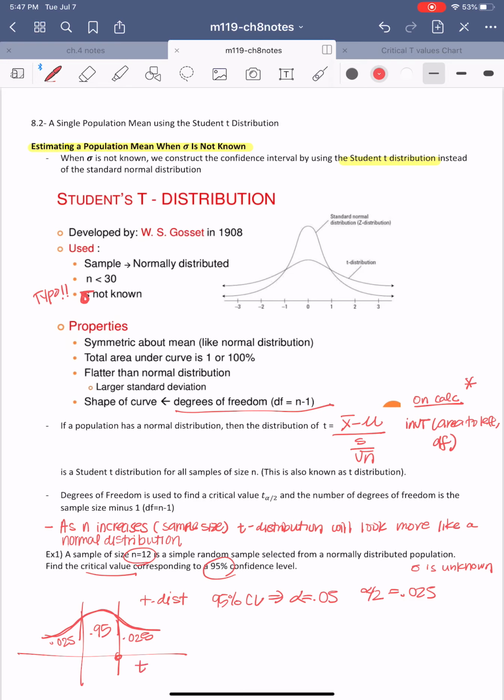T distribution 0.025, I will use inverse T. Area to the left will be 0.95 plus 0.025, so 0.975. Degree of freedom will be 11. Do not use a 0 and 1. That's inverse norm setup. This is inverse T. So inverse T has this setup, only the two values.